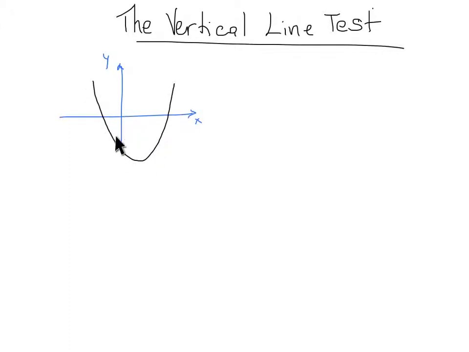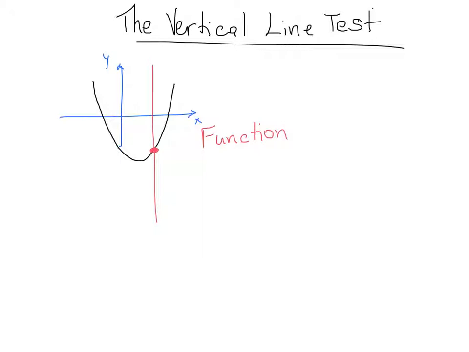That's my graph. So I'm drawing a vertical line here. Yes, there are many places I could have drawn this vertical line, but the same thing will probably happen. It will hit the graph only once. So because that vertical line hits the graph only once, this is in fact a function.